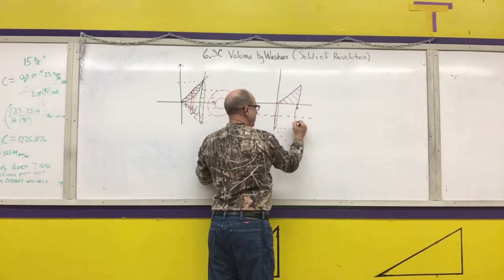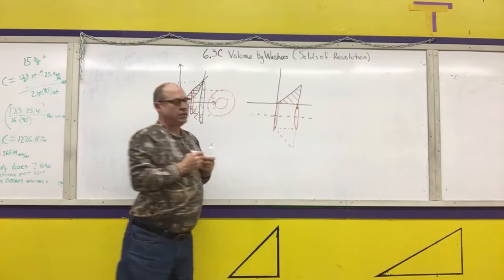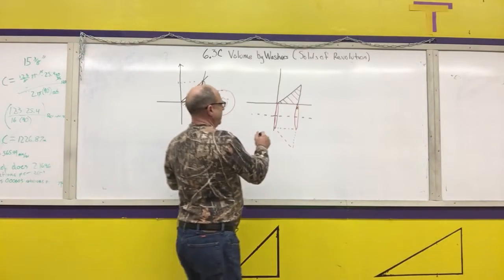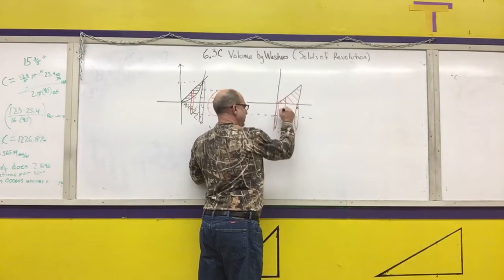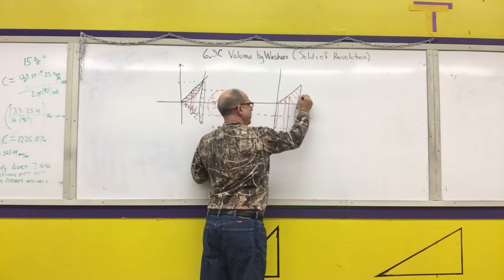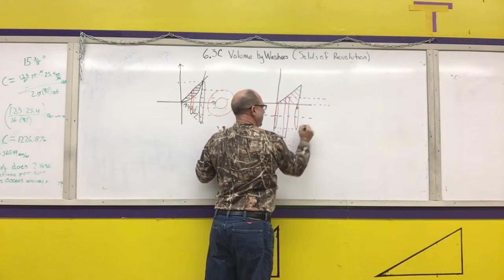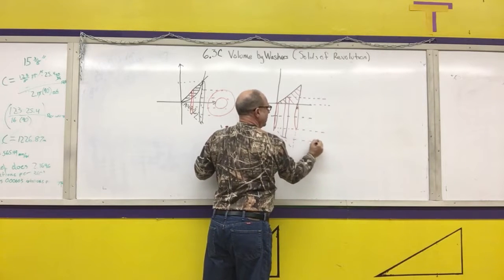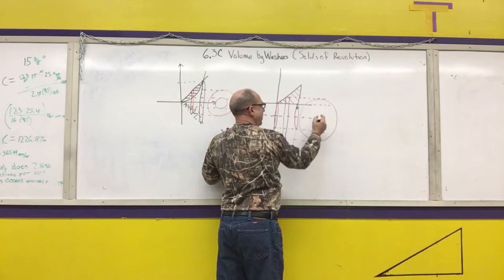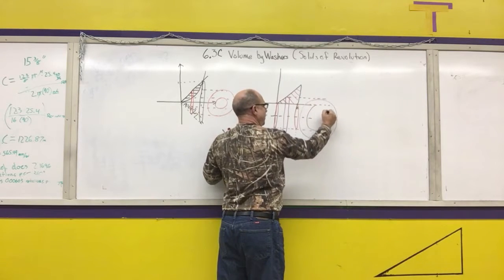This would be what my three-dimensional solid would look like. And again, if I take an arbitrary cross-section, that arbitrary cross-section is going to look like a washer.